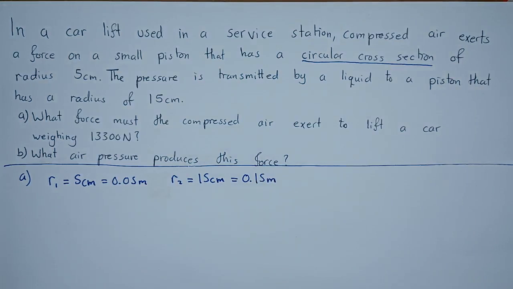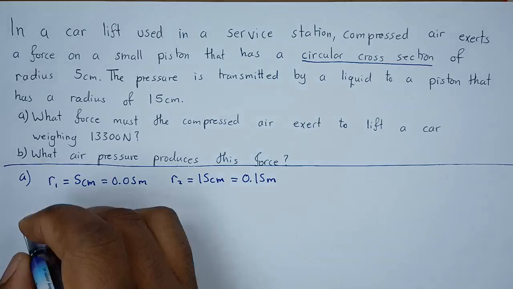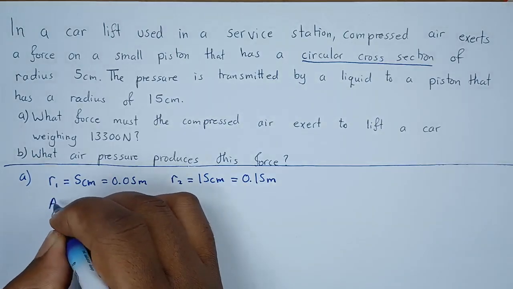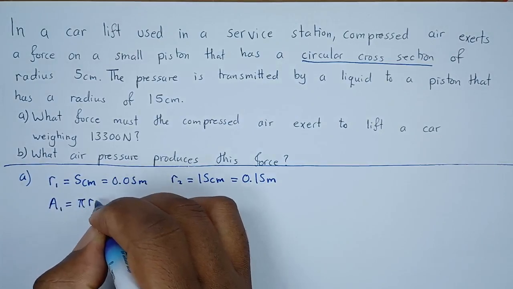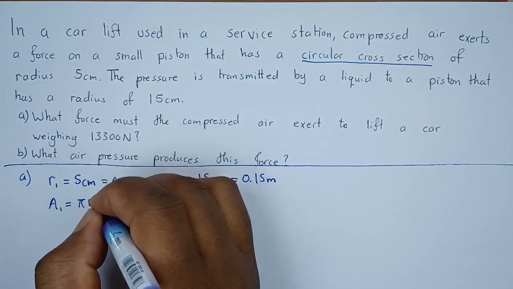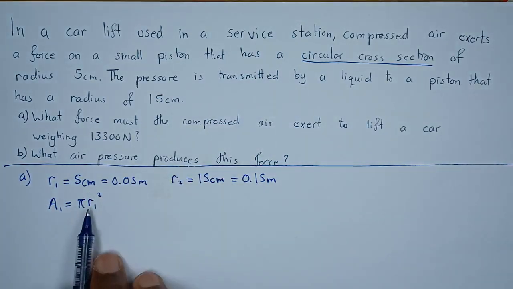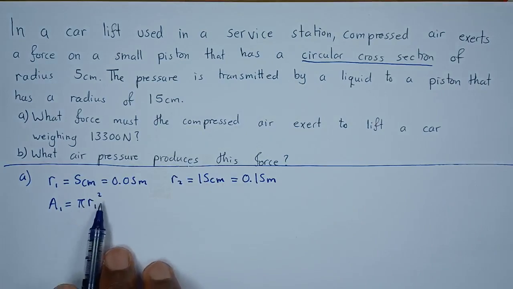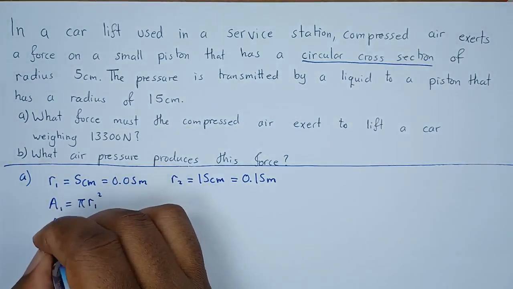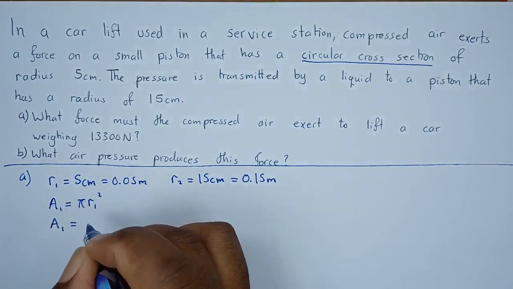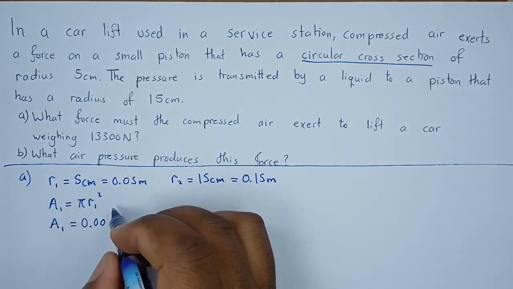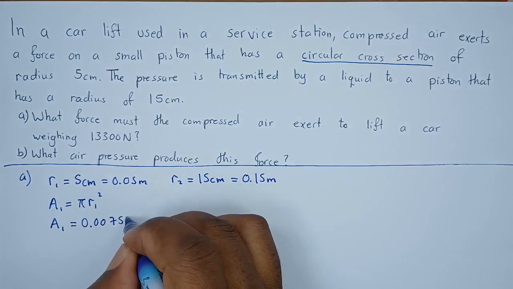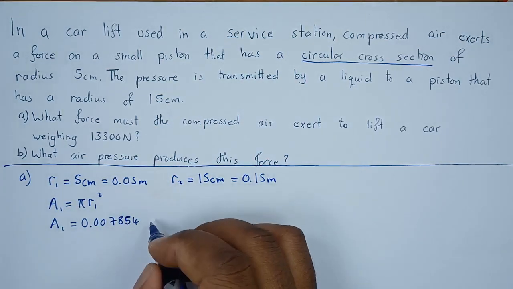Now we can find the areas A1 and A2. Area 1 will be equal to pi R1 squared. If we compute this, A1 will be 0.007854 square meters.